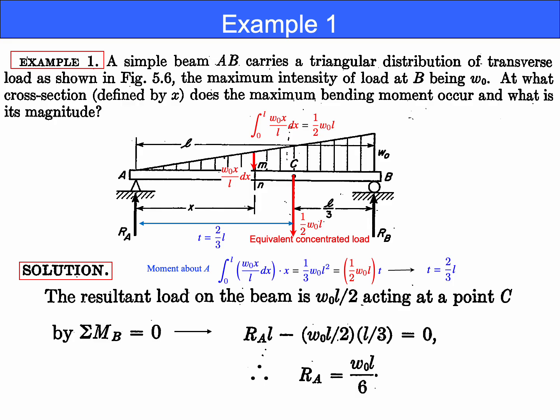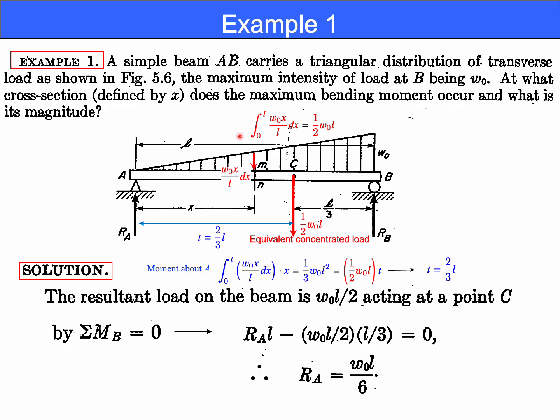Now we apply all the principles derived before to this example 1. This analysis starts by calculating all external support reactions using the overall equilibrium equations. Look at this figure.